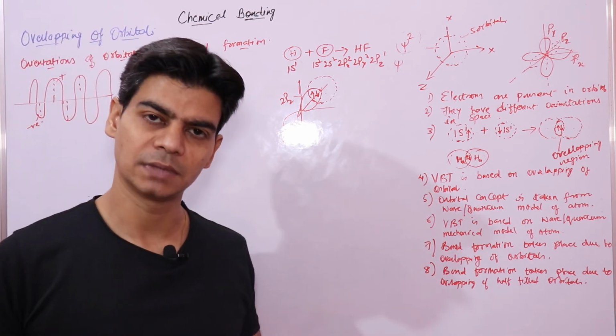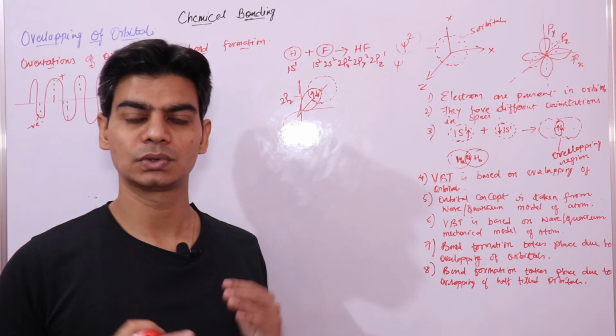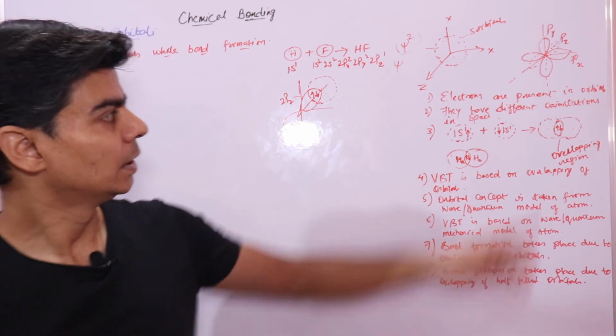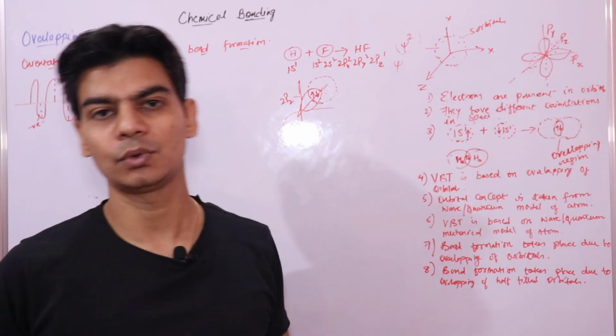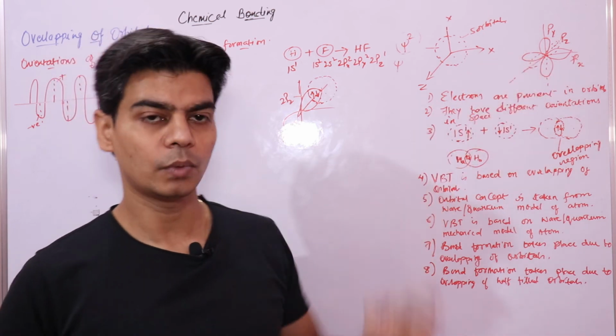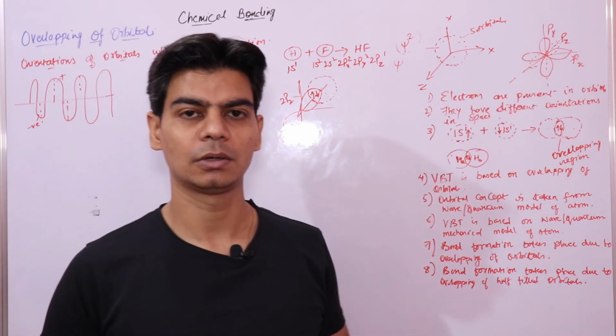When overlapping takes place, the orientation of orbitals should be the same. When we say the orientation of orbitals should be the same, it means that a px orbital will overlap only with the px orbital of another atom, and a py orbital of one atom will overlap with the py orbital of another atom.